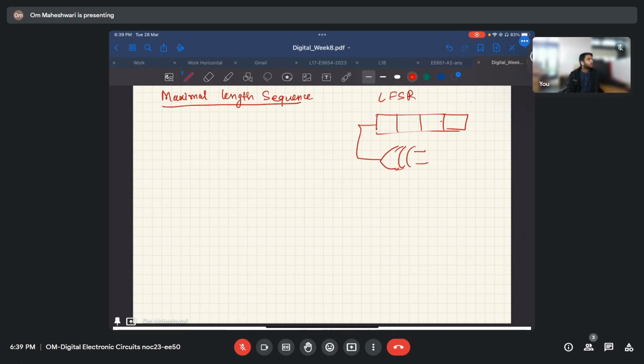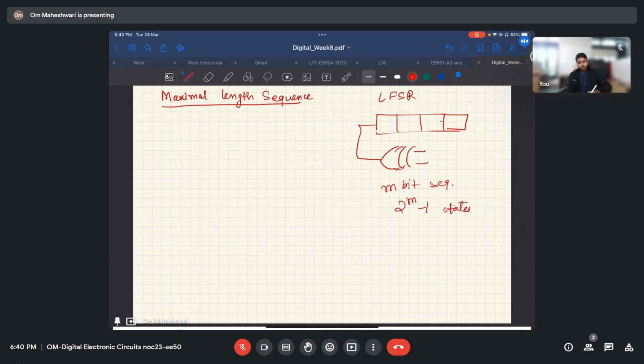A maximal length sequence LFSR is the one which produces an M sequence bit sequence, and it cycles through all 2 to the power M minus 1 states.